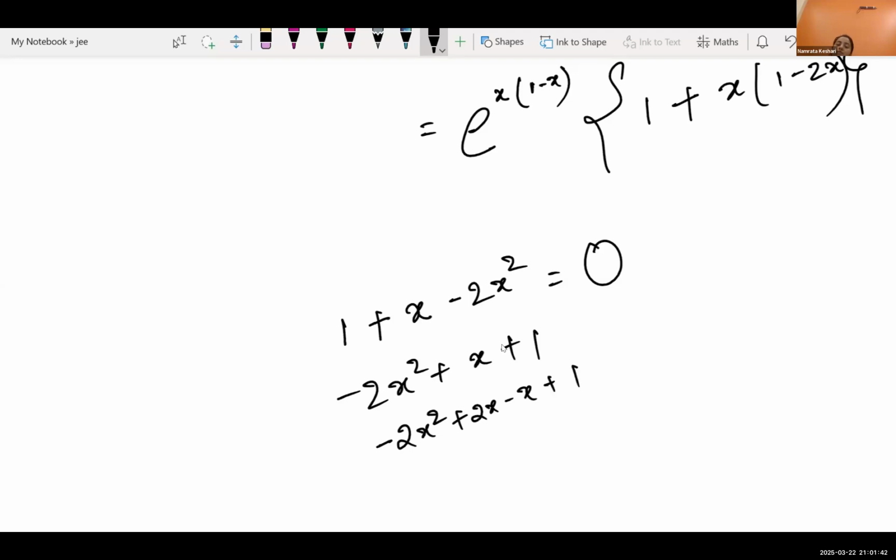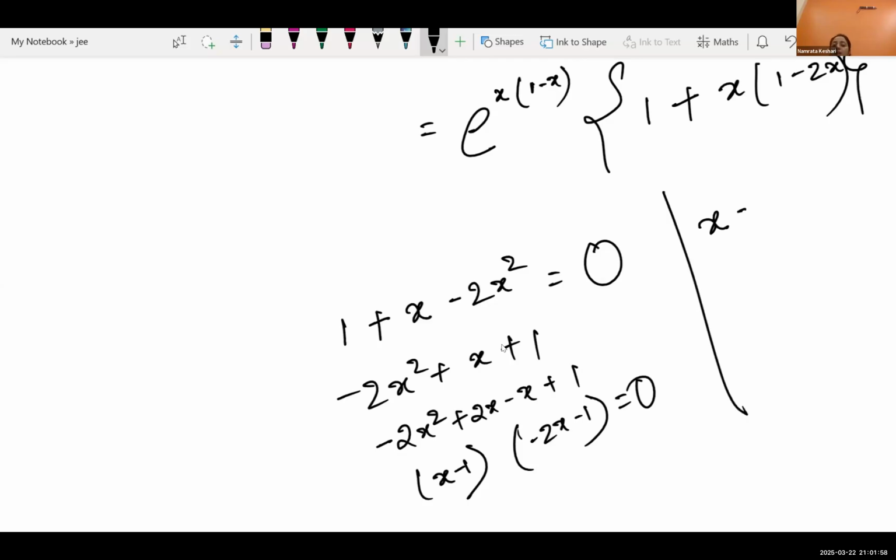That means we take minus 2x common, we'll have x minus 1, and minus 1 we take out common. So basically, we got x value as 1 and x value as minus 1 by 2.